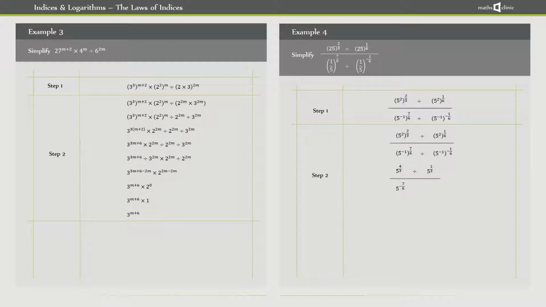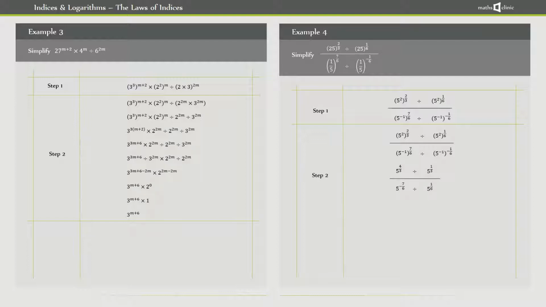Okay, and then you have 5 to the power of minus 1 to the power of minus 1 over 6, and basically what you have is 5 to the power of minus 1 times minus 1 over 6, and what you end up with is 1 over 6, because minus 1 times minus 1 over 6 is 1 over 6. So you have divided by 5 to the power of 1 over 6.